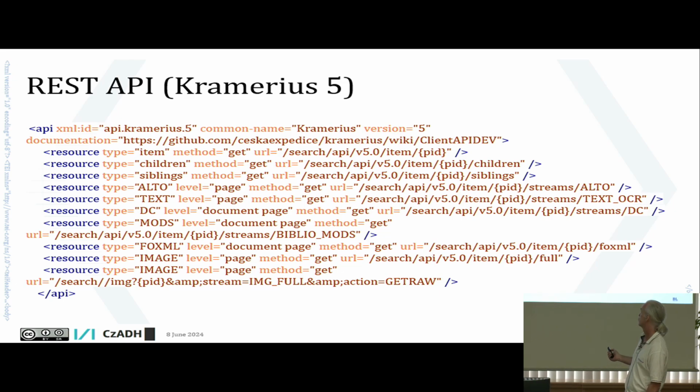The paths to the resources, like the document or MODS metadata, are predictable because of the parts of the URL, and there is an identifier of the resource itself. The identifier is for the monograph as a whole or for an individual page.